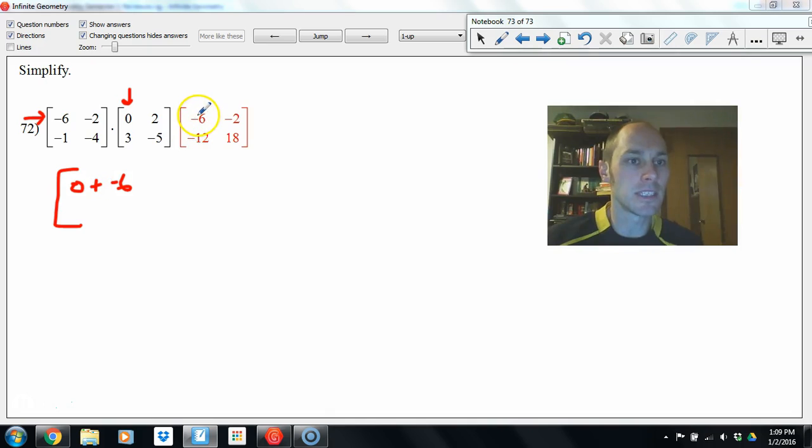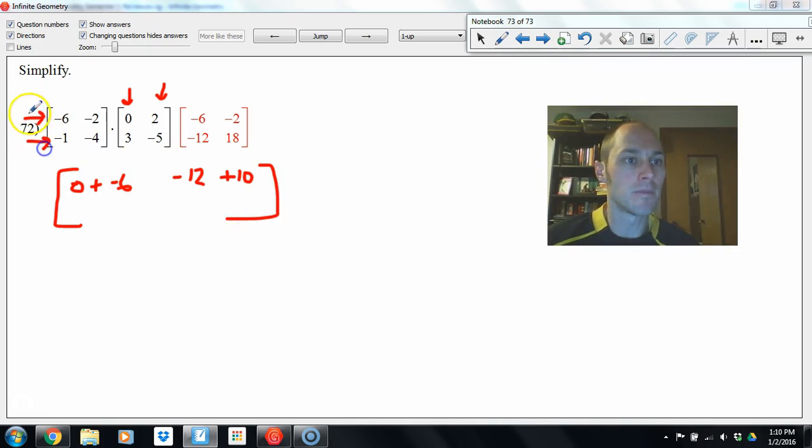And 0 plus negative 6 is negative 6 in the upper left. We stay in the same row and move to the next column. So negative 6 times 2 is negative 12. And negative 2 times negative 5 now is positive 10. Negative 12 plus 10 is negative 2.